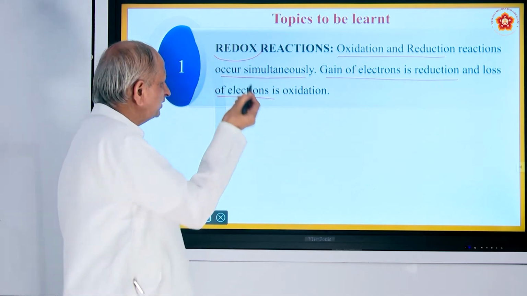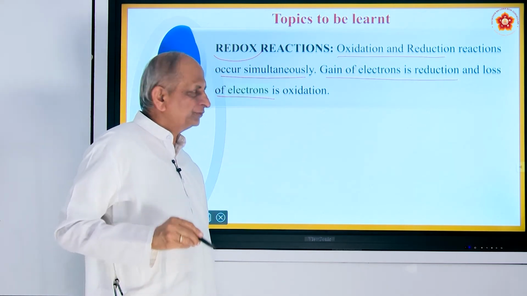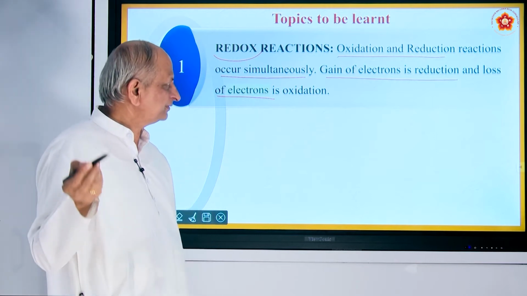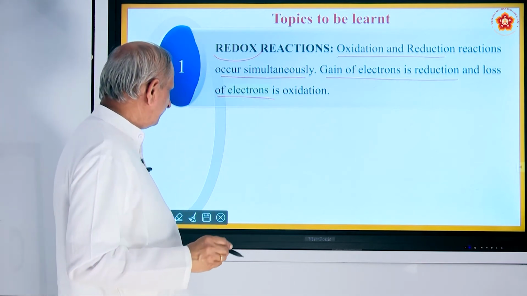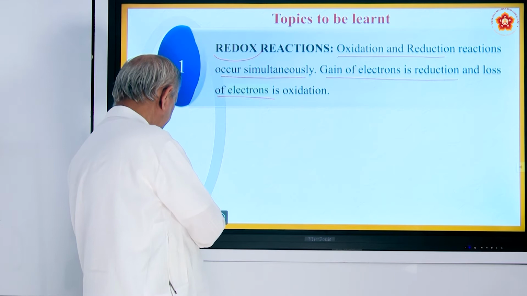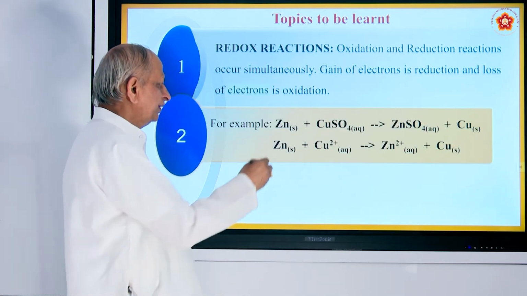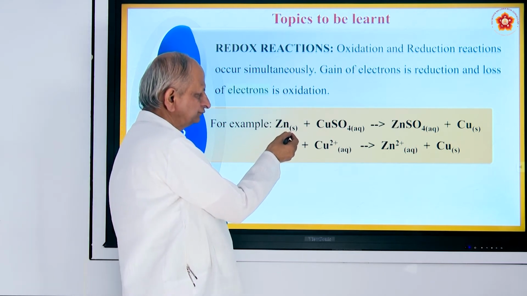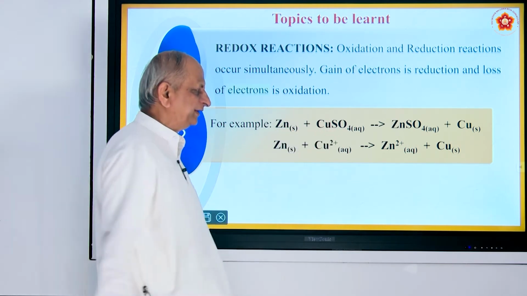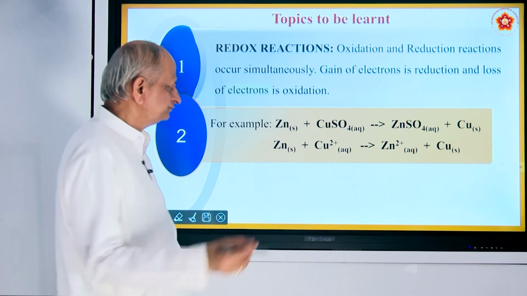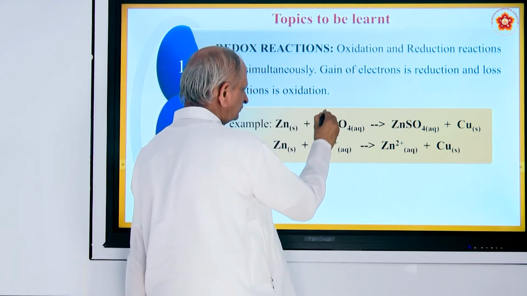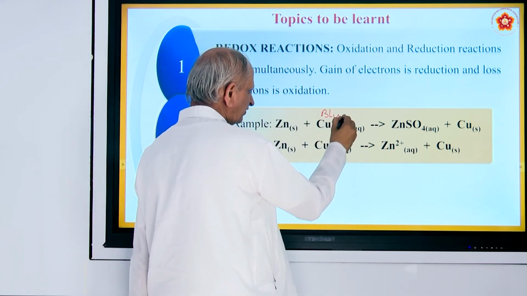So that is the third definition of oxidation and reduction. Here the definition is about electrons. So gain of electrons is reduction, loss of electrons is oxidation. To give an example, here zinc plus copper sulfate. What is the color of copper sulfate? Blue color. So what is the color of this zinc?